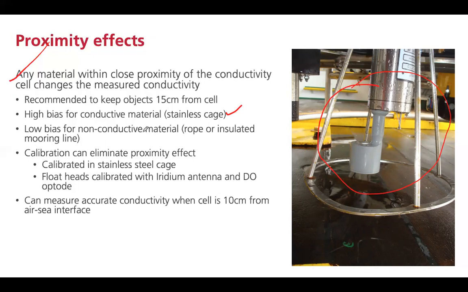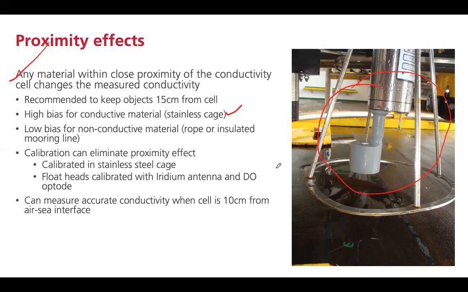But if you have some kind of insulated mooring line or rope introduced near the cell, you may bias the measurement low. And in fact, the change in conductivity is not an offset; it's a scale factor. So keep that in mind if you ever find yourself needing to account for this. These are usually fixed by a scale factor and not an offset.